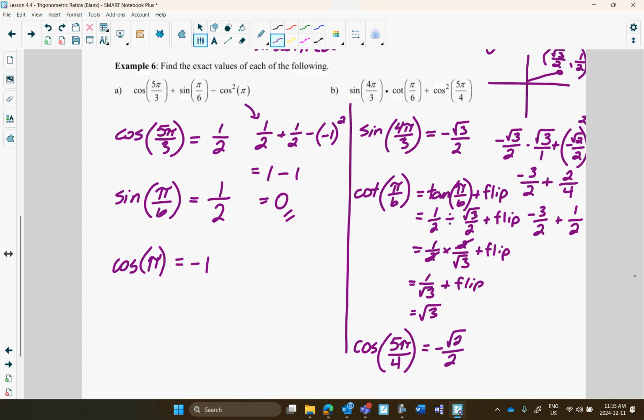So when I add those, what do I get? Negative 2 over 2, which becomes negative 1. So you can see they get a little involved. Okay, so you guys can do it.